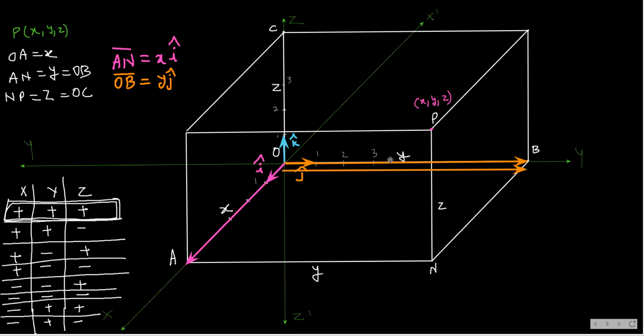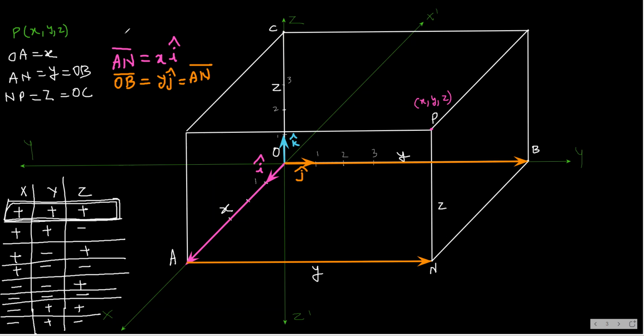AN bar is equal to OB bar, because these two vectors are parallel, they have equal magnitude and the same direction. So OB bar is the same as AN bar. AN bar is how much? Y times j cap. It is y j cap.